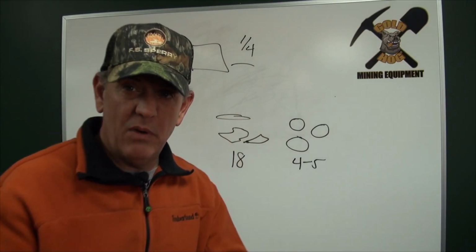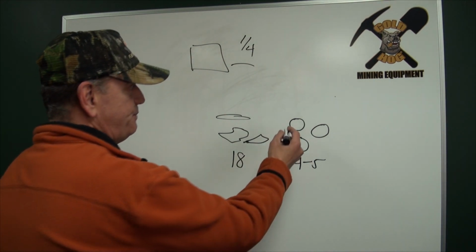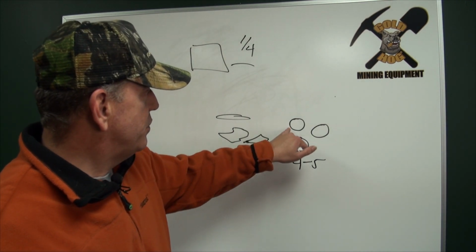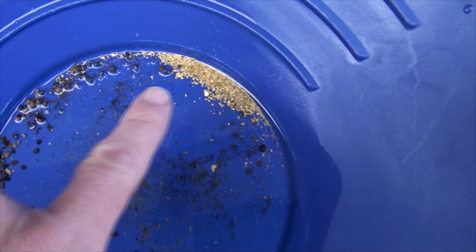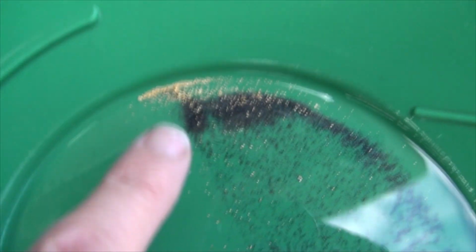Now, as you get smaller, because of the ratio numbers, remember I said for larger gold I might be on a ratio of 2 to 1. So for every big piece of gold, I might have 1 or 2 of these round balls. Well, as I go smaller, I may have a ratio of 4, 5, 6, 7, 8, so it gets a little bit harder.